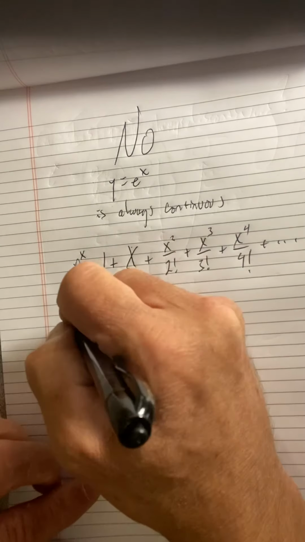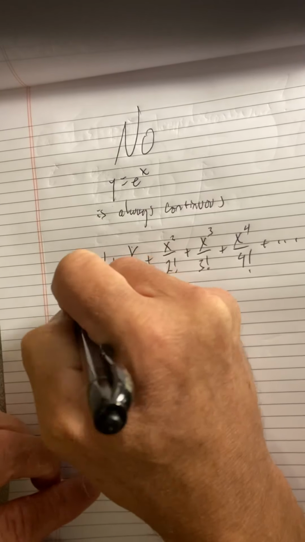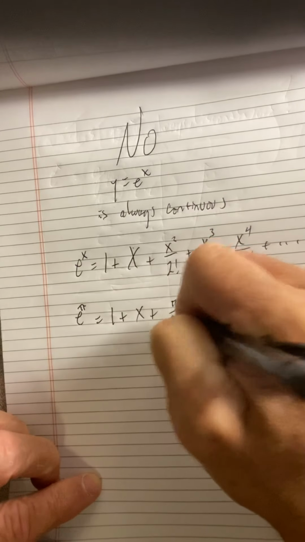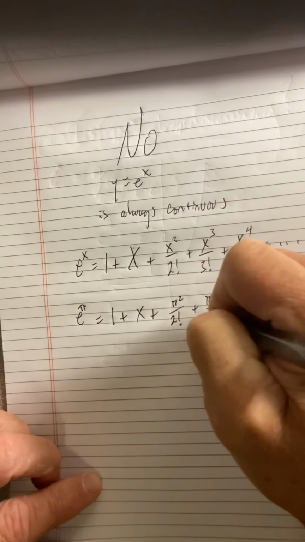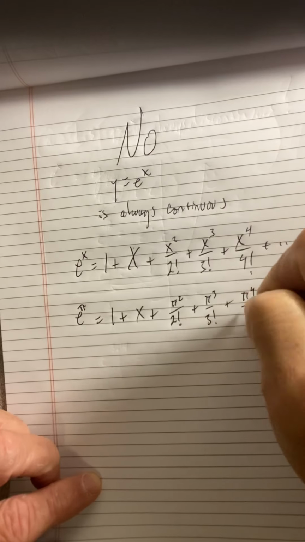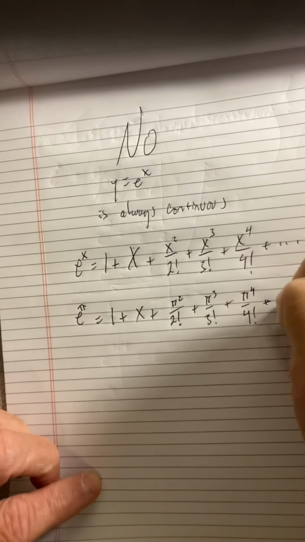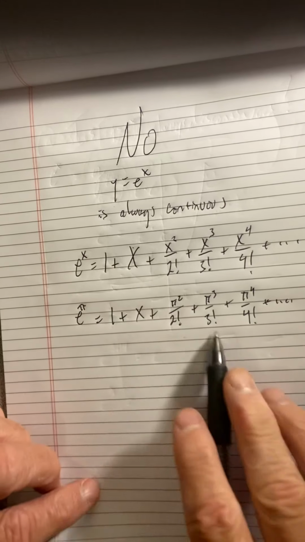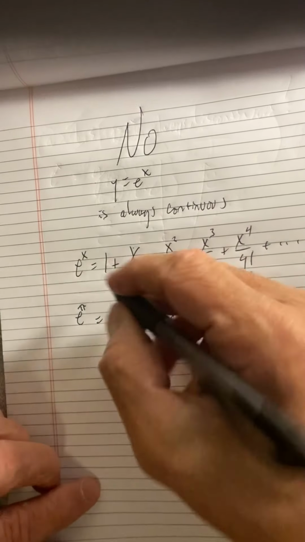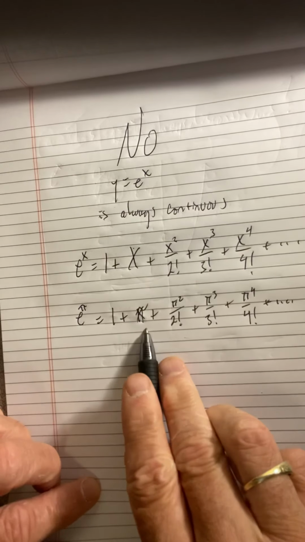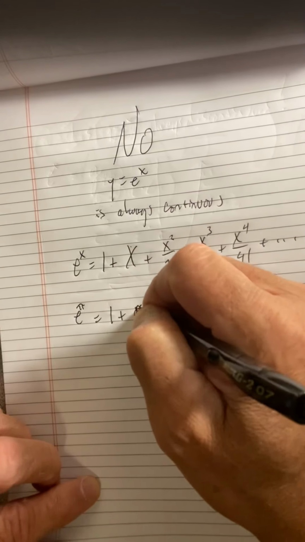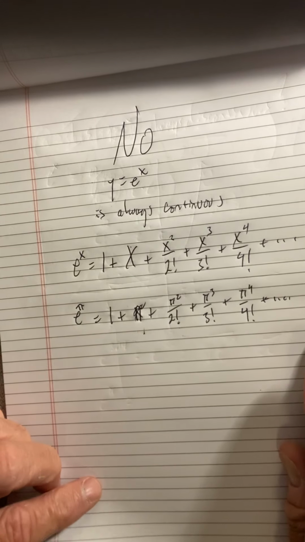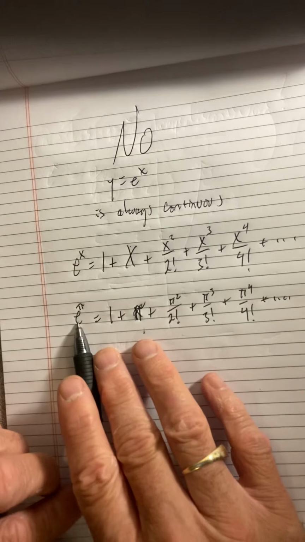So if I want to know e to the pi, I go 1 plus pi plus pi squared over 2 factorial plus pi cubed over 3 factorial plus pi to the 4th over 4 factorial, and I keep going forever. But there is a limit that this polynomial value will approach. I should have put a pi here, sorry. A pi replaces all the x's, otherwise it'd be a variable. And this infinite sum adds to a number that's approximately equal to 23.